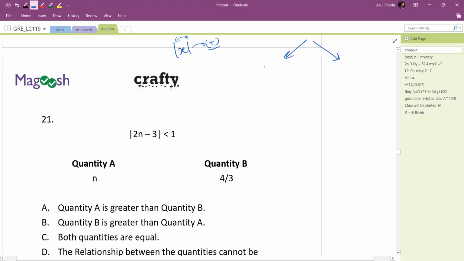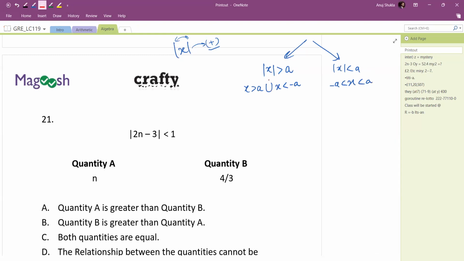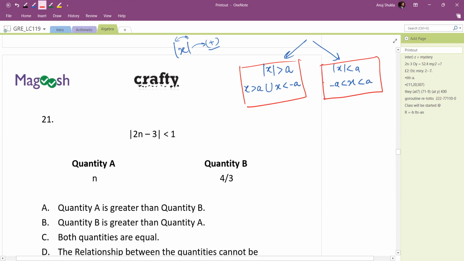If they give something like mod x is greater than a, then its solution will be x is greater than a union x is less than minus a. If they give mod x is less than a, then x will be in between minus a and a. These are the golden rules you have to remember if you want to solve modulus problems without the hit and trial method.